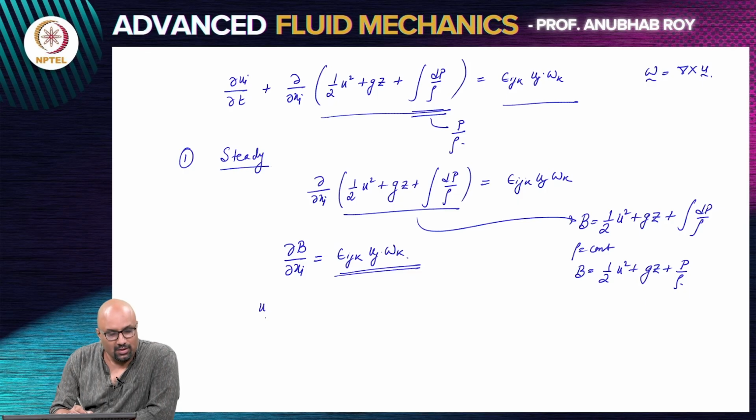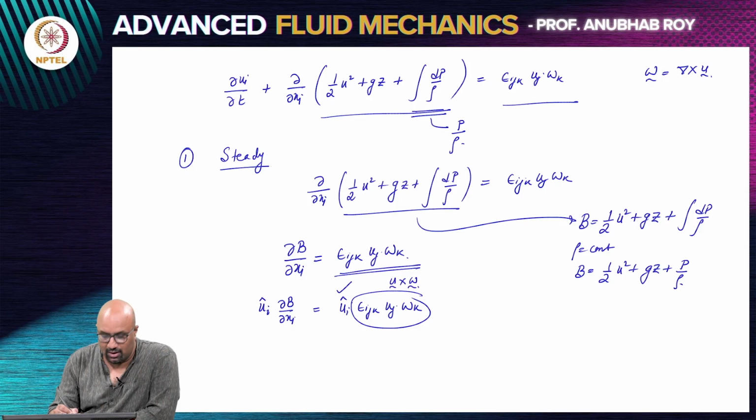side with u, so I take ui dou b dou xi, or to be more precise, I dot it with a unit vector which is along u. So, then I have ui dot epsilon ijk uj omega k. Now, this term, which is basically u cross omega, is going to be perpendicular to u.